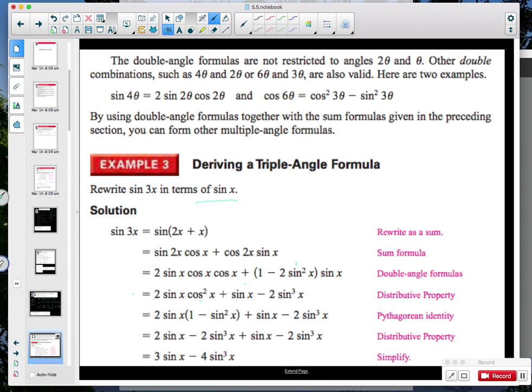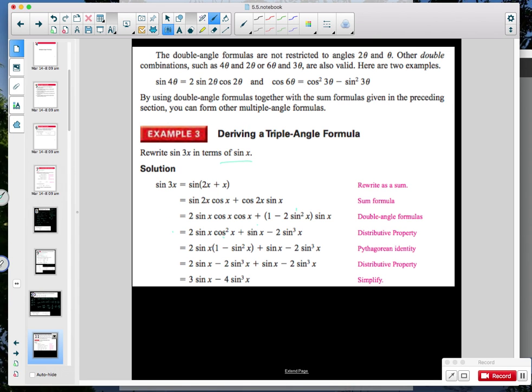That's a beautiful situation. You can go a little more. You could also factor out the sine x here, and you can have at the end sine x times 3 minus 4 sine squared x. Are we alright with this?